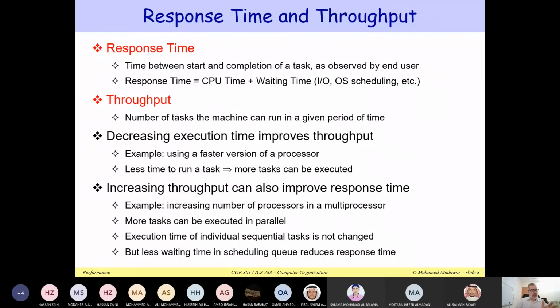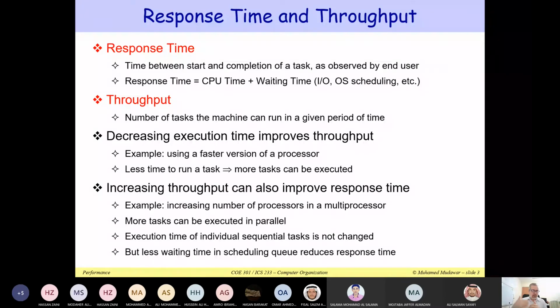Now, if we decrease the execution time, we can improve the throughput. For example, if you use a faster version of a processor, we can have less time to run a task. Therefore, we can run more tasks in a given period of time.